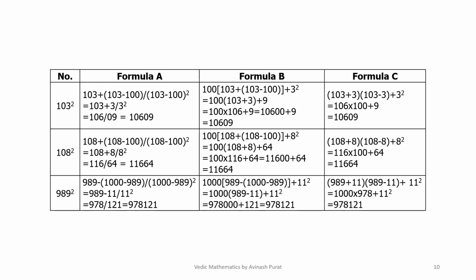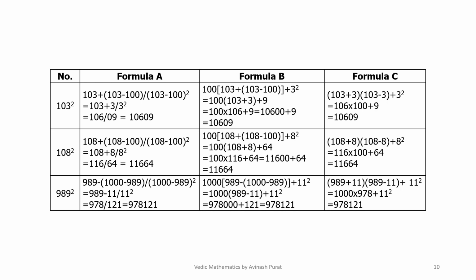The third formula gives (108 plus 8) multiplied by (108 minus 8) plus 8 square, equal to 116 multiplied by 100 plus 64, that is 11,664.